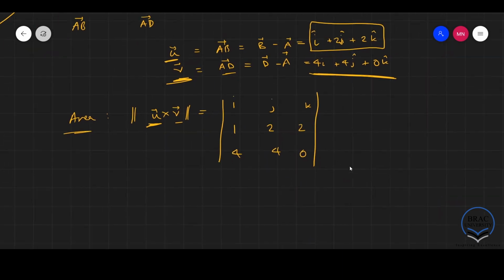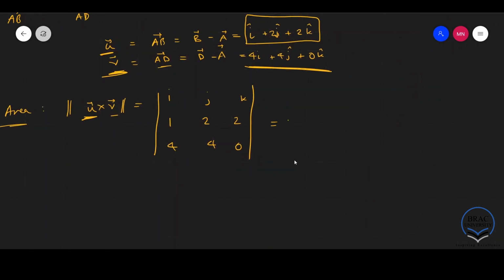If I evaluate this determinant, I have I times 2 times 0 minus 8, so we have minus 8, minus J times 1 times 0 minus 4 times 2, which also gives me minus 8. Then I have plus K times 4 minus 8, and this is just equal to minus 8I plus 8J minus 4K.